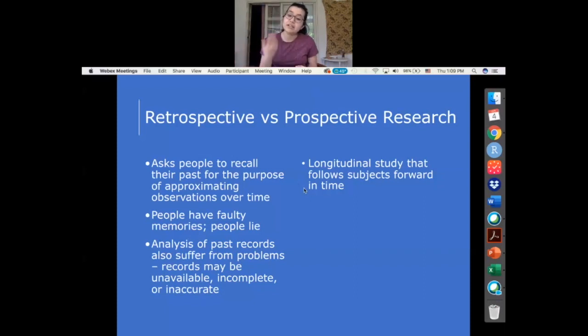And then an issue that also develops from that is attrition, is that sometimes people might fall out of your study. You can't reach them anymore, especially when we're dealing with criminal justice involved people. There's issues with homelessness and housing stability. And so doing longitudinal research can also present its own issues when it's prospective as well.